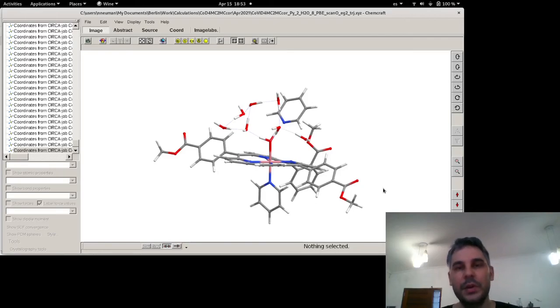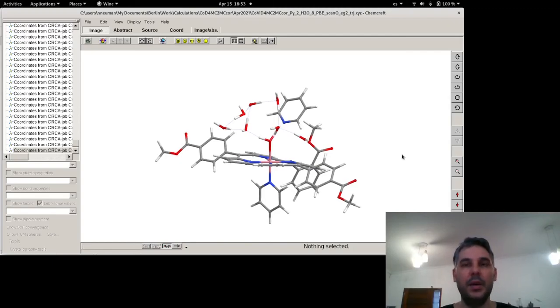Of course, this is not a general advice for all systems. You would have to test for your system what kind of convergence thresholds you want in order to have a reasonable result. But the main idea is that when you do calculations and when you're trying to understand reaction pathways, you have to try many different options and many different possible starting geometries and possible pathways.